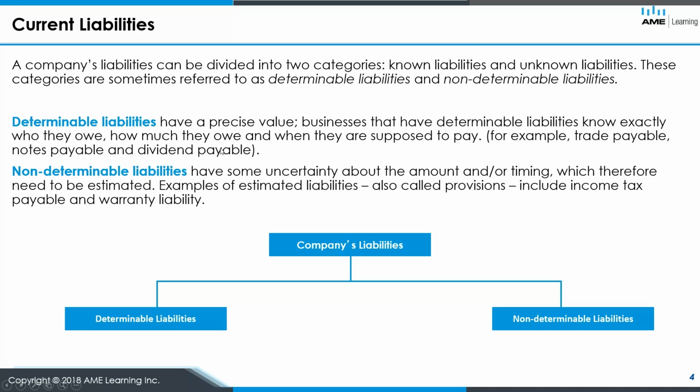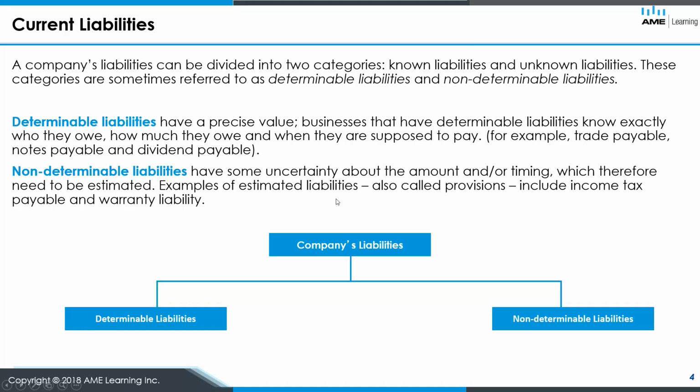They note a dividend payable, notes payable, amounts that you know what that is. But then there are also some liabilities that may have uncertain aspects to them, and therefore we need to do estimates in order to come up with a figure for that liability.